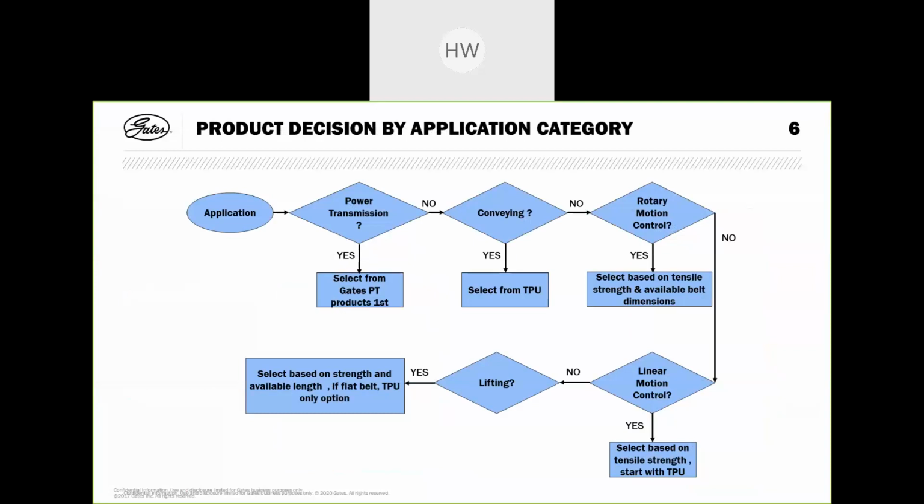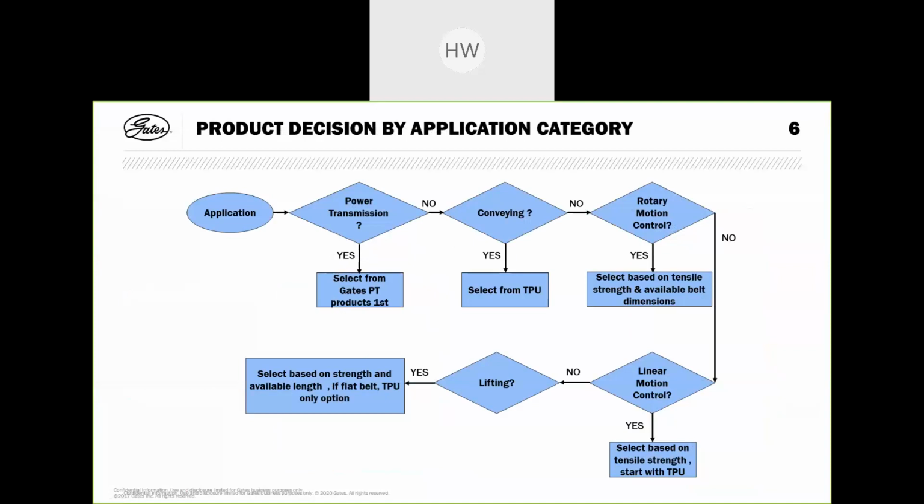The first question we ask is: is the application a power transmission? If yes, most likely a Gates power transmission rubber belt is the better solution for you. If no, the next question will be, is it a conveying application? If yes, most likely the TPU product can solve your application. If it's not a conveying application, then the next question will be, is it a rotary motion control application?